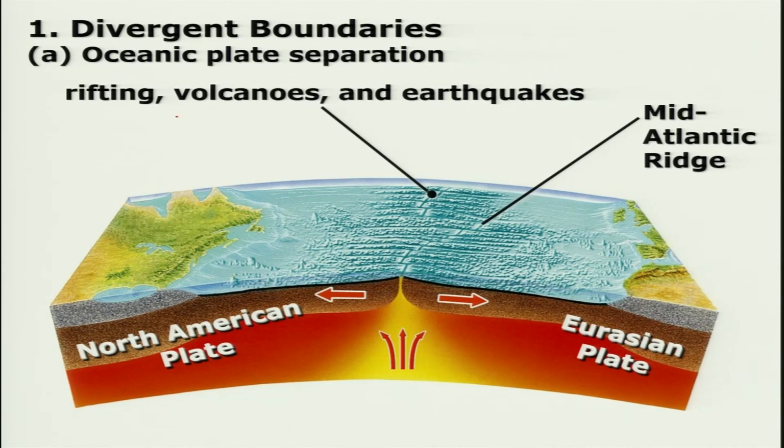So the landforms associated with this type of plate boundary, the divergent plate boundary, will have rifting, where the two plates are moving away from one another. We will also see volcanoes, and the associated hazard will be earthquakes.